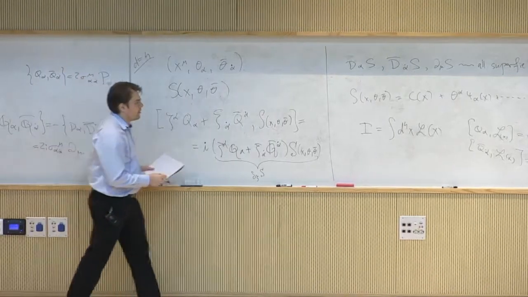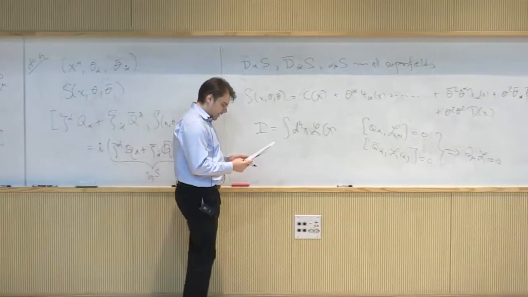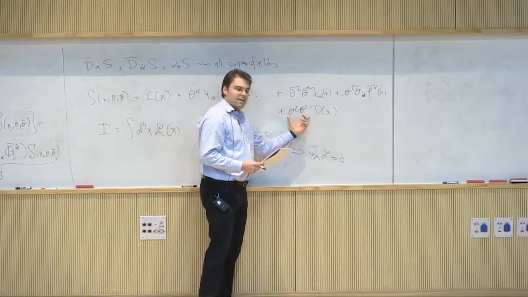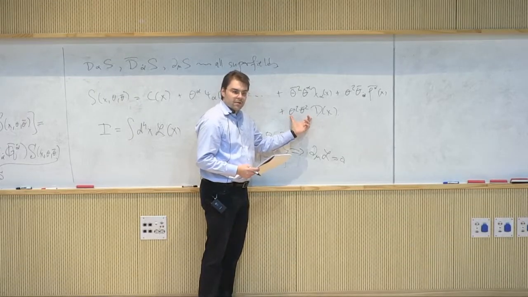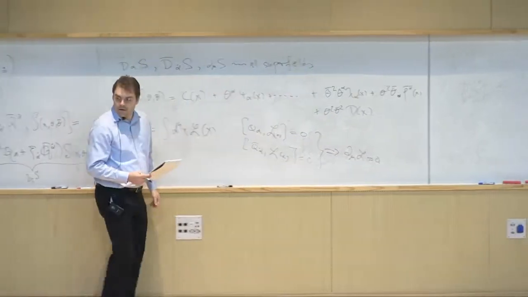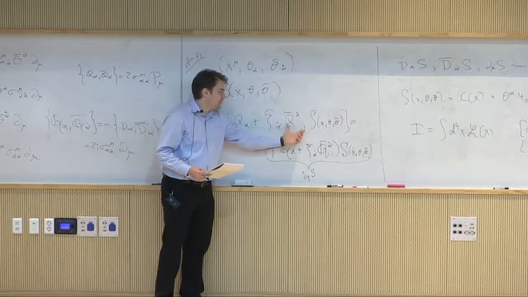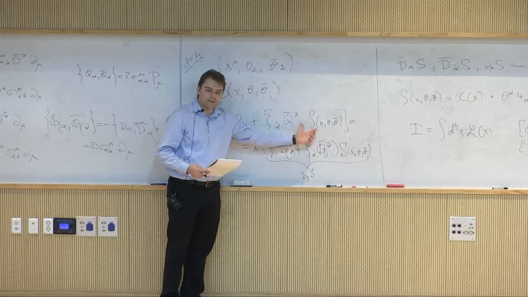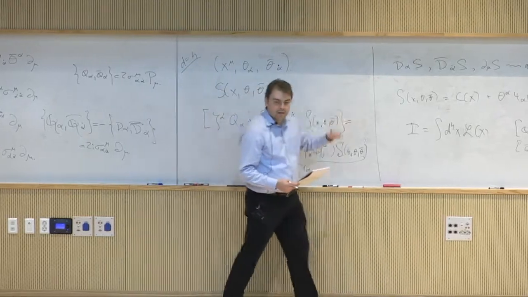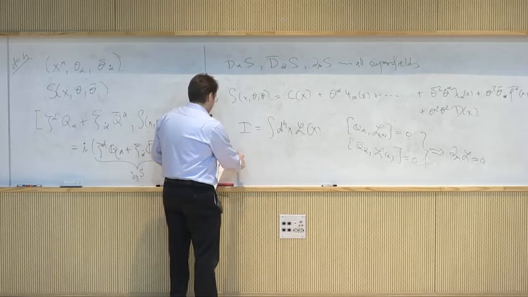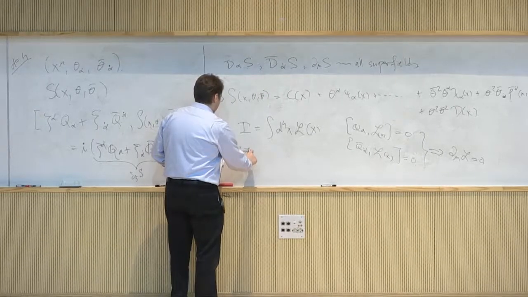Well, if you want to compute the supersymmetry variation of D of x, you have to look at the theta squared, theta bar squared component of this formula, right? So on the left-hand side here, you would have Q acting on D and Q bar acting on D multiplied by theta squared, theta bar squared. So roughly speaking, you'll get an expression like this.